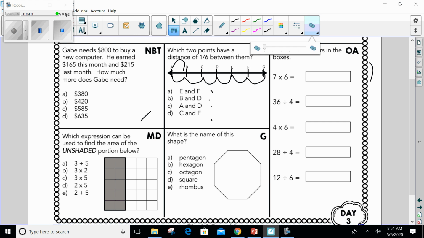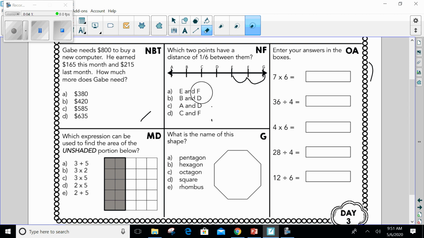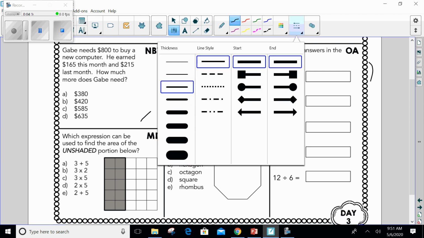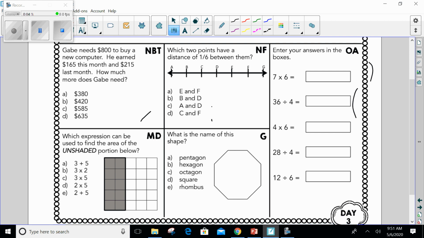Let me erase this really quick. I know, it's a pain. I apologize. Okay. So E and F. There's only 1/6 between E and F. That works, doesn't it? Okay. What about B and D? Well, it's 1, 2.